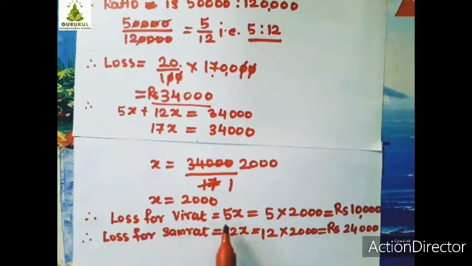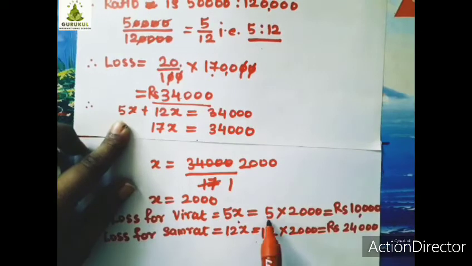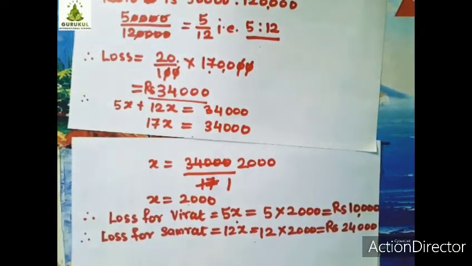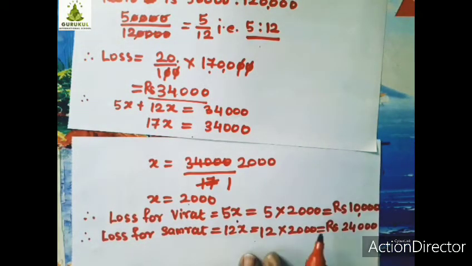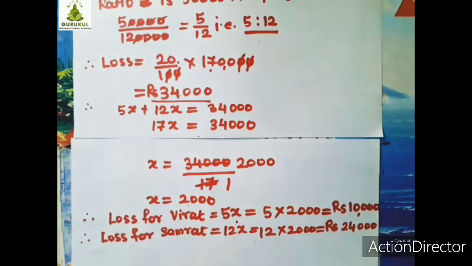To find the loss for Virat we wrote 5x, so 5 into 2,000 gives rupees 10,000. For Samrat we get 12x, that is 12 into 2,000, equal to rupees 24,000. So each sum of the partnership in practice set 39 has a slightly different method. Go through the method and practice it again and again. Thank you.